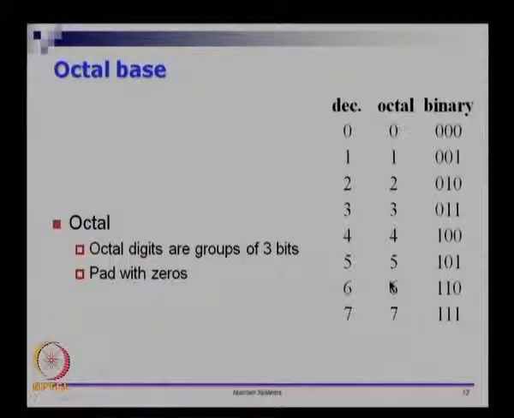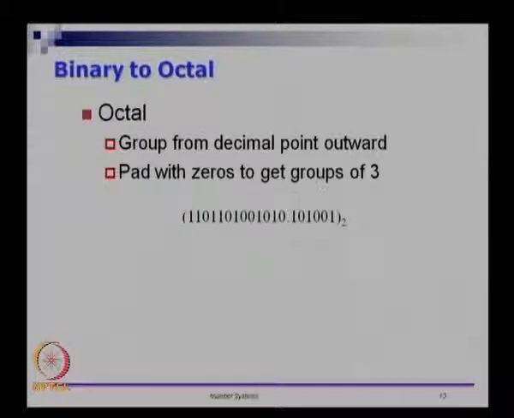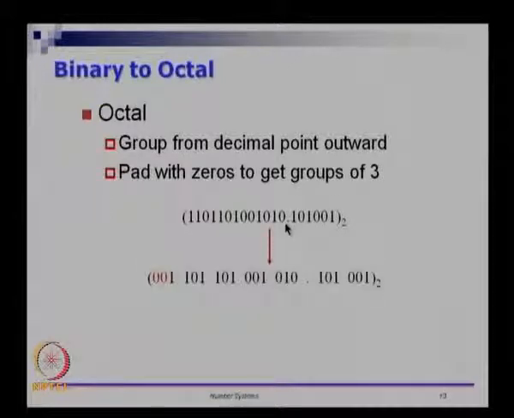So, you are not exceeding 10, so it is not a problem for octal base. So, binary to octal is as we did for binary to hexa, only that we group in terms of 3. So, you start from here and start grouping in terms of 3 to the left side and 3 to the right side, and once you group it you may have to do padding.